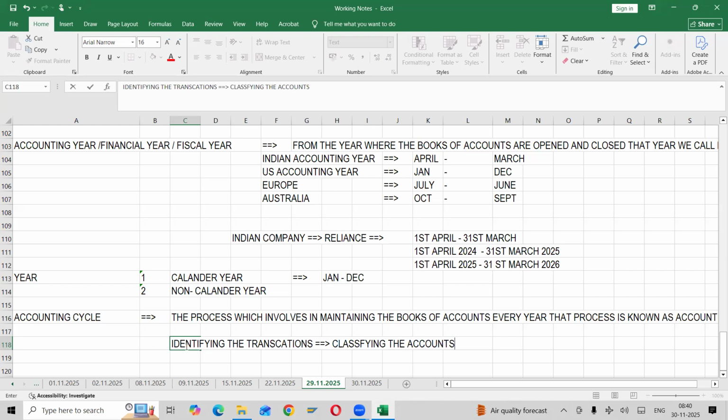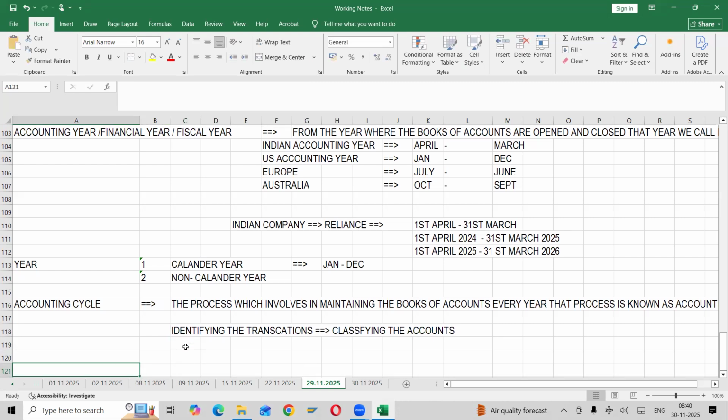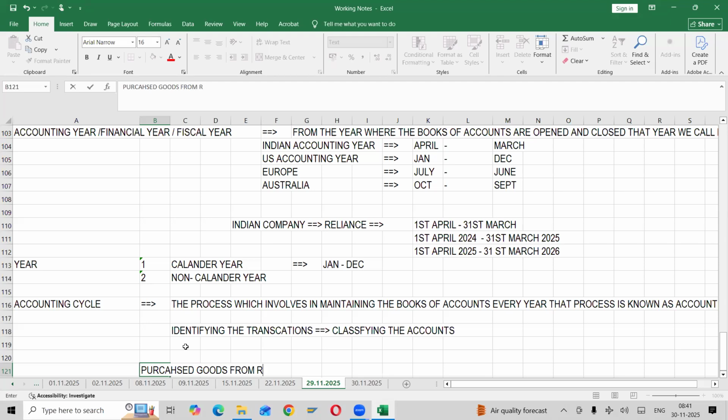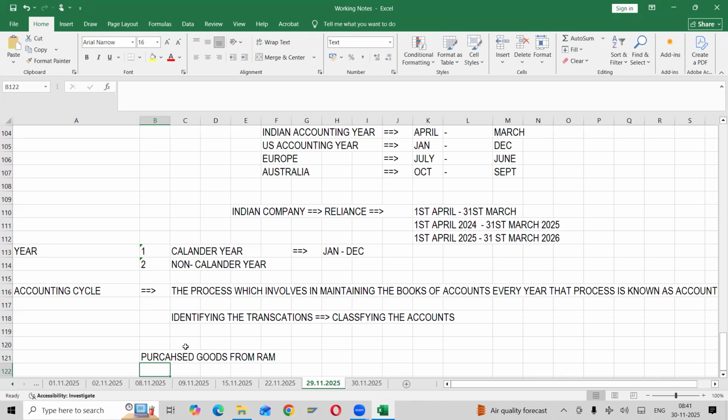So what do you mean by that? For example, I'll take one transaction here: purchased goods from Ram. Paid cash to Ram.